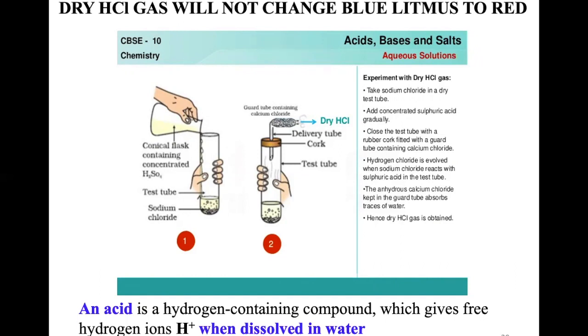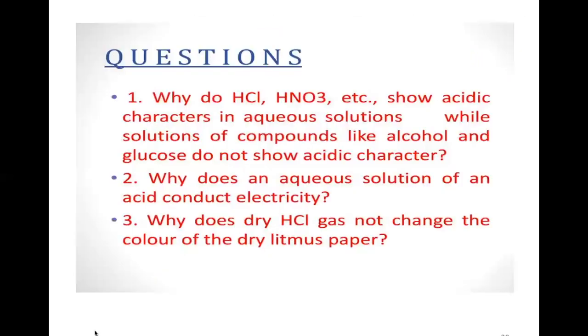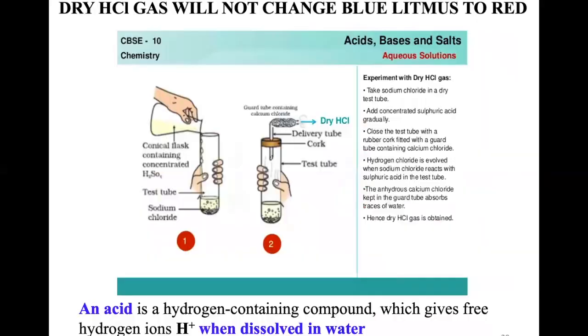Now, acids always turn blue litmus paper red. So if I bring a blue litmus paper over here, what will happen? It will show no change in color. That is why our question was, why does the dry HCl gas not change the dry litmus paper? No, it is not going to change the blue litmus paper at all. But if in this condition I bring a moist blue litmus paper, I know that it is HCl gas, so moisture is there.